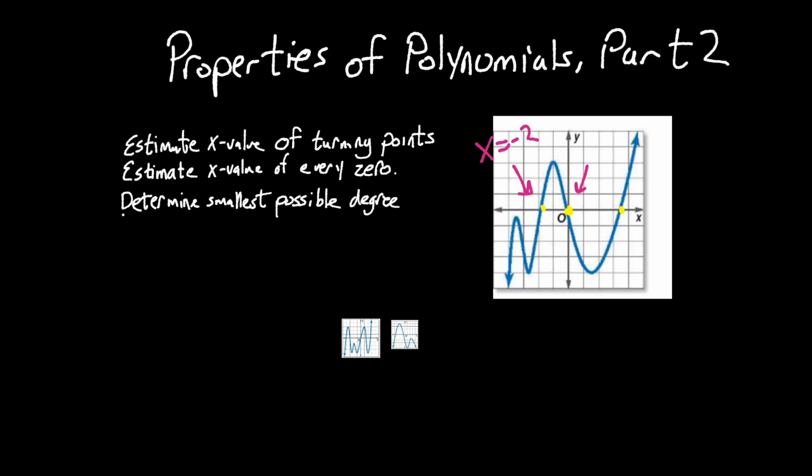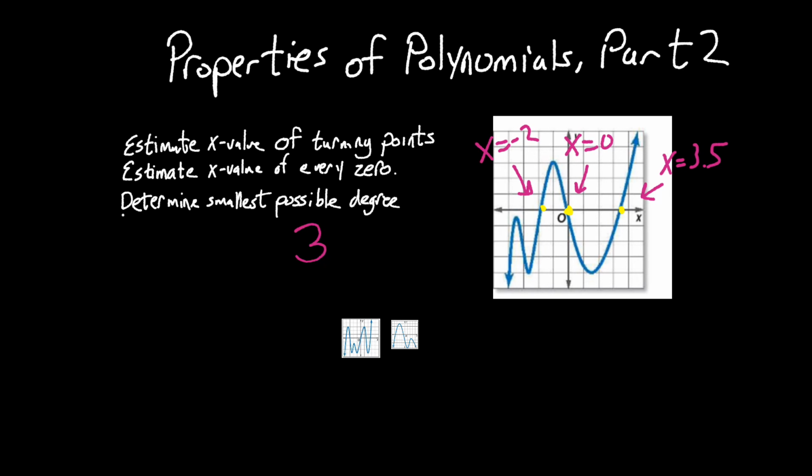Here, it looks like it's crossing at 0, so that's just x equals 0. And over here, it appears to be between 3 and 4, so we'll say x equals 3.5. And now when we're determining our smallest possible degree, I only have 3 real zeros, so we have to say that the smallest possible degree is 3.